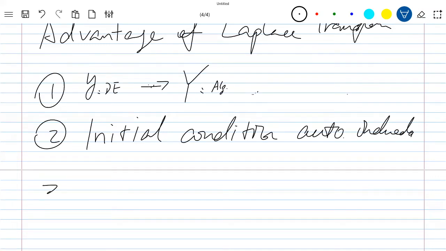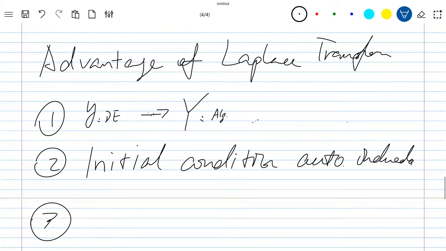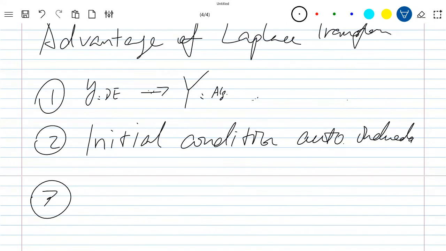And third, when we solve a linear equation with a g term, we have to solve the homogeneous and the non-homogeneous separately, right? First solve the homogeneous, then solve for a particular solution. And this will not be the case.